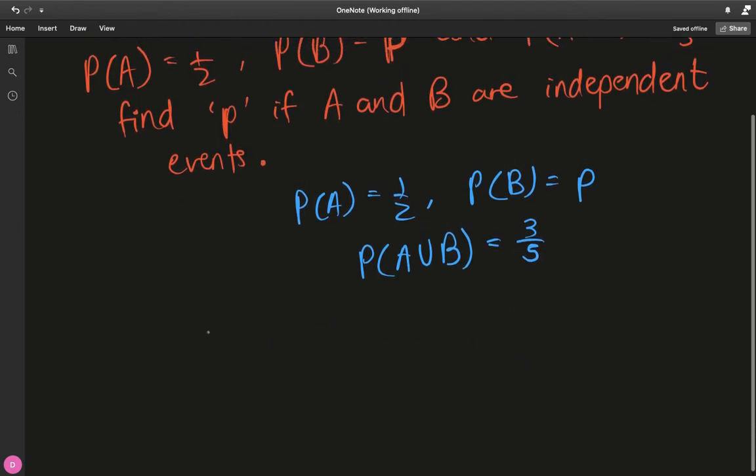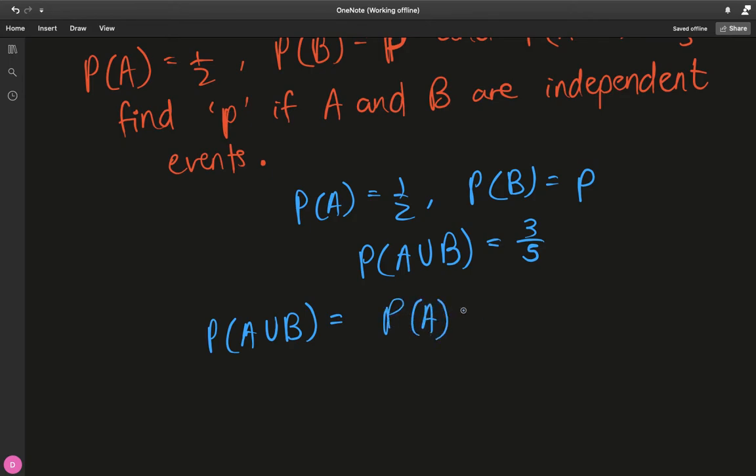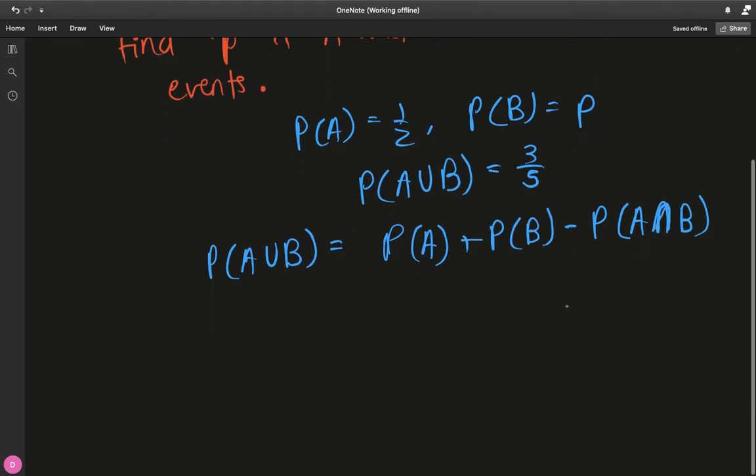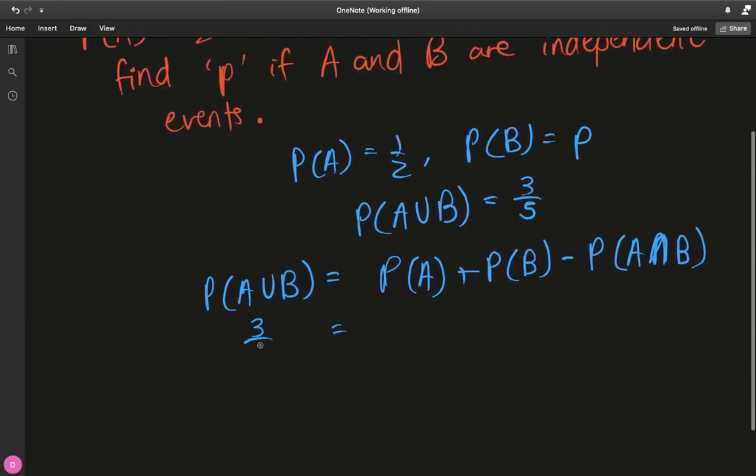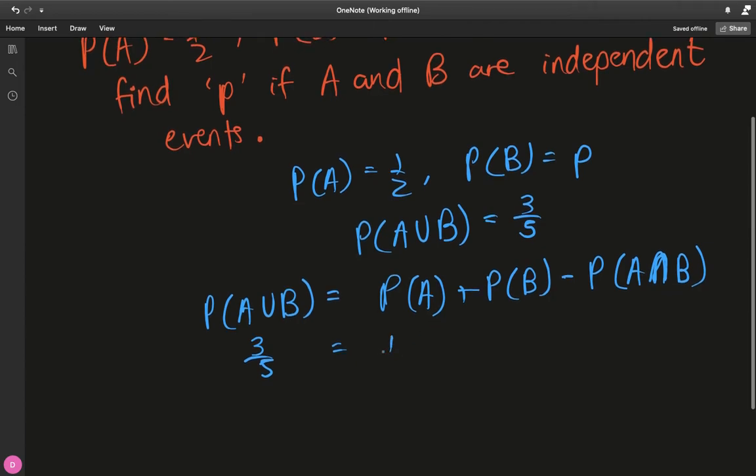So probability of A union B, and there was a formula for this in elementary set theory, is equal to probability of A plus probability of B minus probability of A intersection B. That's basically removing the overlapping part.